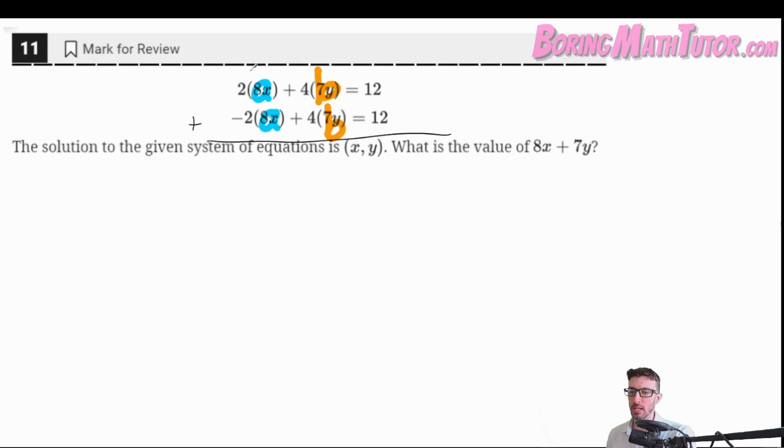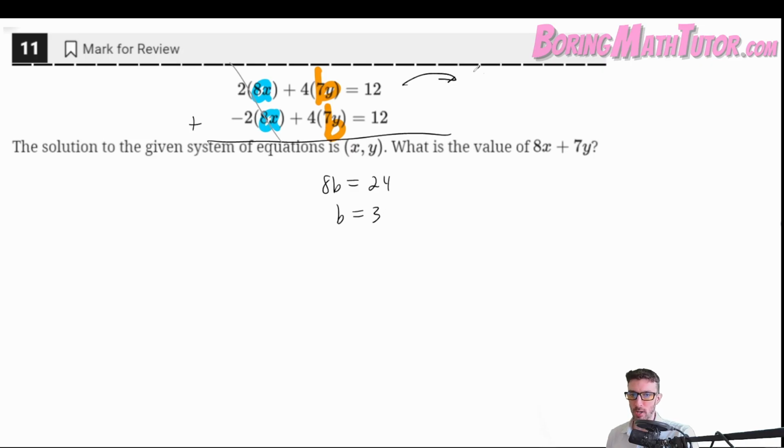Why? Because we're going to get a nice cancellation right there. So like 2a minus 2a would cancel. And then this would be 4b plus 4b, which would be 8b equals 24. And that means that b itself would just be 3.